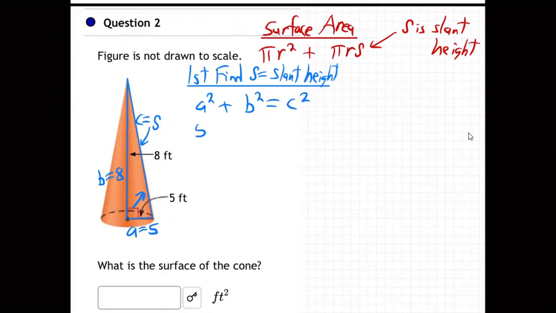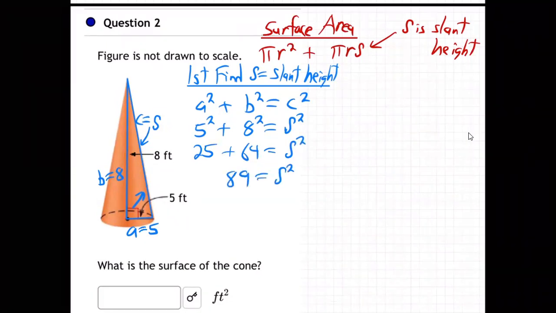So that's 5 squared plus 8 squared is S squared, because C is the slant height. So that's 25 plus 64 is S squared. That's 89 is S squared.